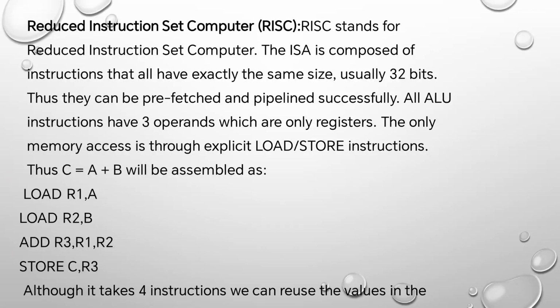The only memory access is through explicit load and store instructions. C equals A plus B will be assembled as follows. First you have to write load R1, A; load R2, B; add R3, R1, R2; store C, R3.